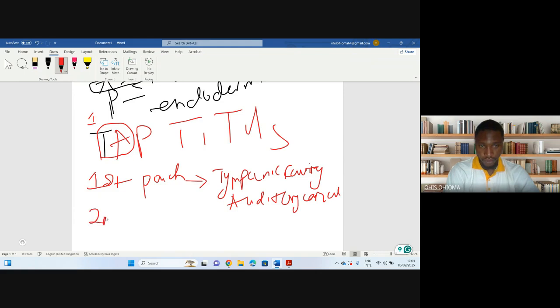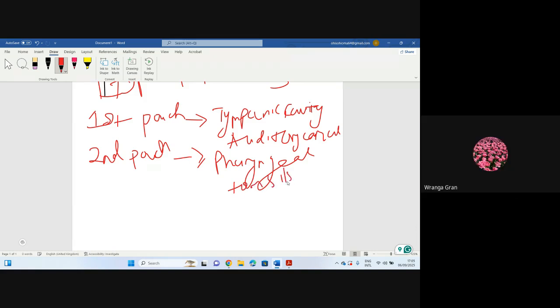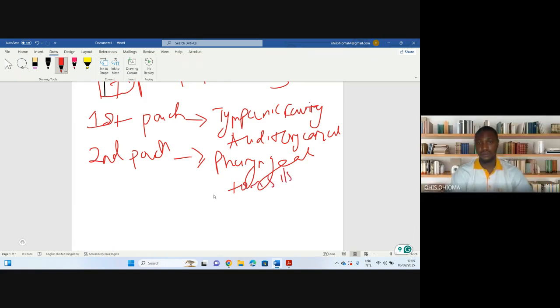Then number two, the second pouch, gives rise to the pharyngeal tonsils, and it also gives rise to the tonsillar fossa.